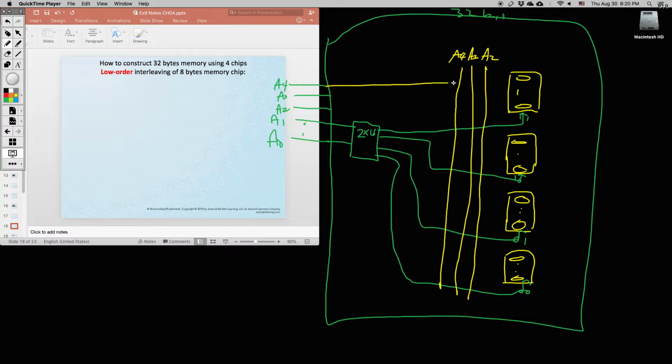A4, A3, and A2 are connected to the three address lines within each chip, since each chip has only three address lines. First one, second one, and third one are connected in parallel to every chip, like this.